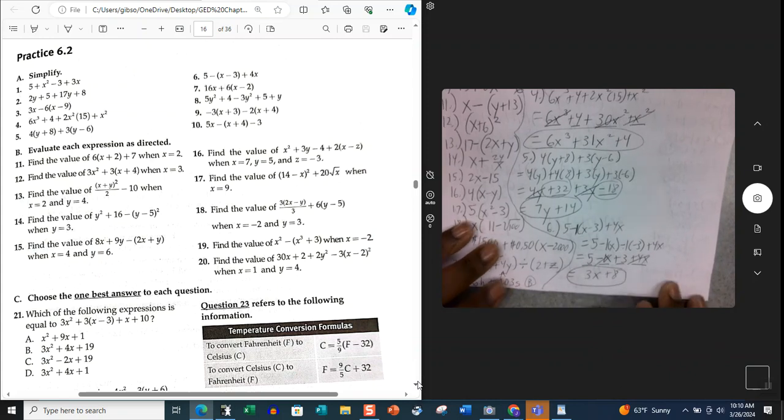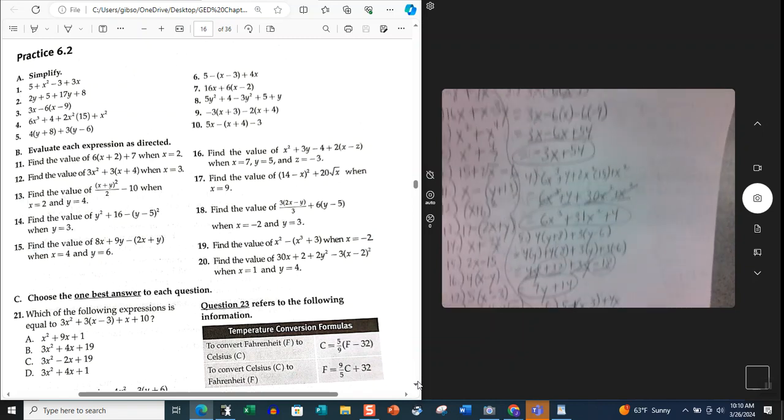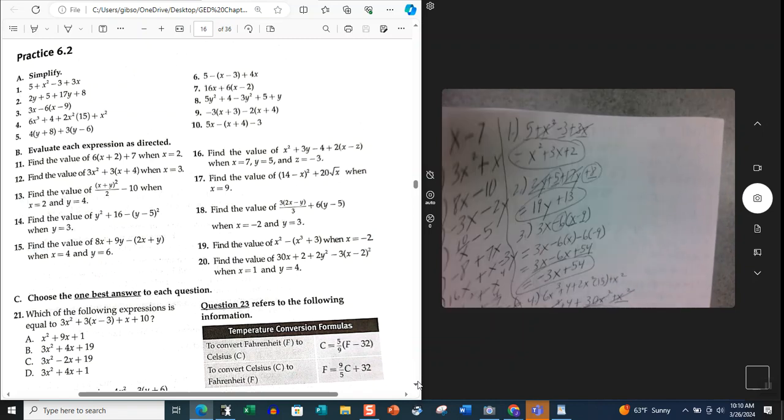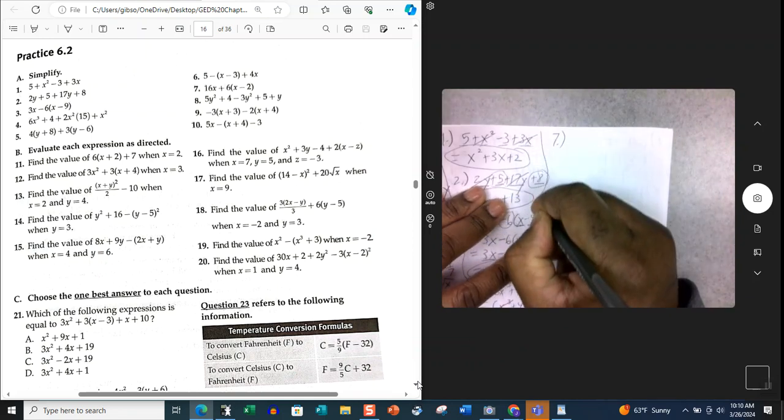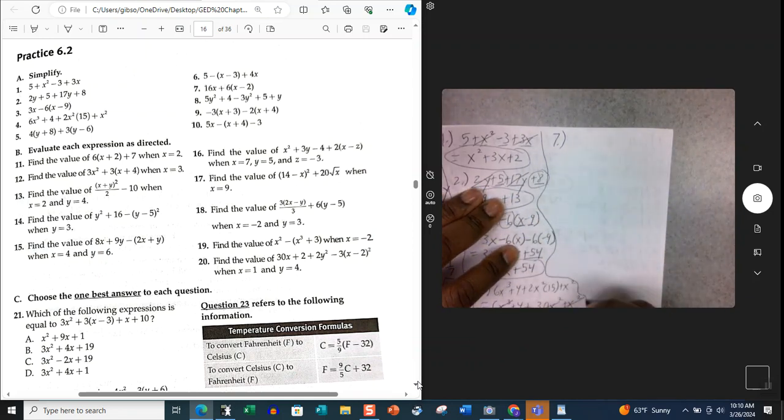So your answer here is 3x plus 8. Now, if you have questions on number 6, you can rewind it and look it over again, or you could come to class and ask your questions from problem number 6. Okay, now we go here to problem 7. So problem 7 is trying to separate this.